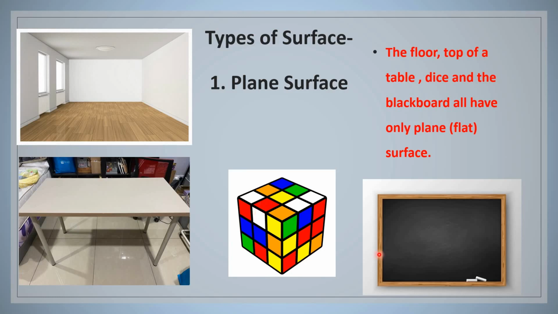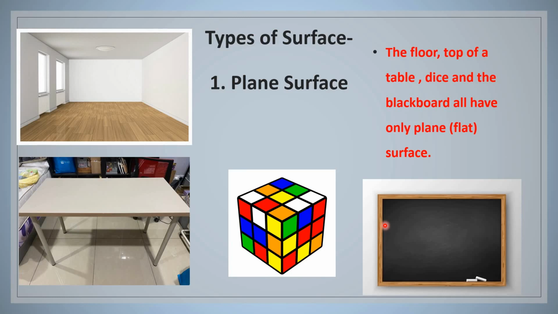And the next example here is a blackboard. A blackboard is a flat board. It doesn't have any curves. It is a flat plane surface. So therefore this is another example of a plane surface. Plane surface, always remember, is something that has a flat surface. Another example could be a book.